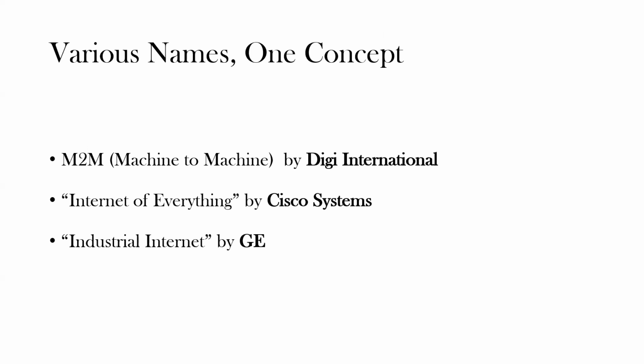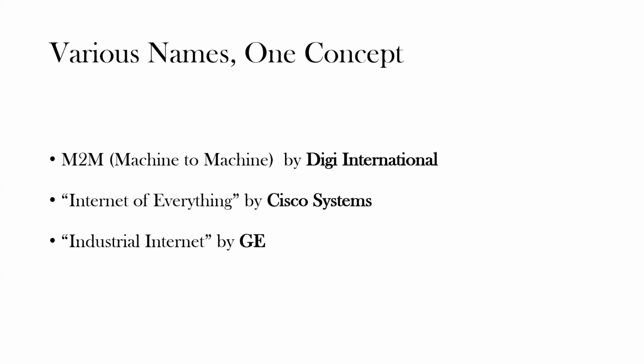From the past one decade, many companies have been working on IoT. They have not used the term IoT, but they have used different terms. The names are different, but the concept is the same. For example, Digi International used to call this machine-to-machine communication, no matter where the machine resides.